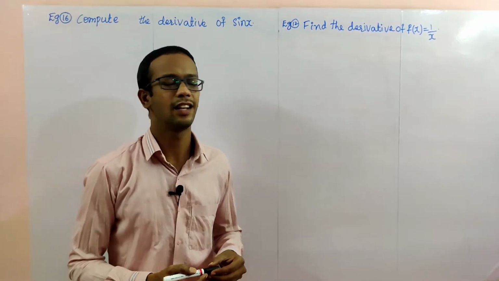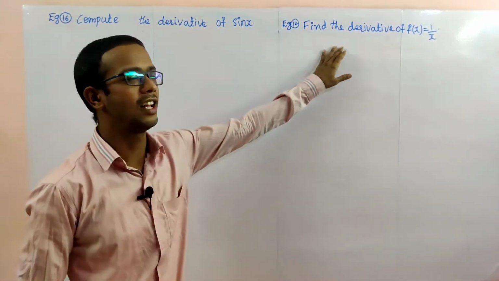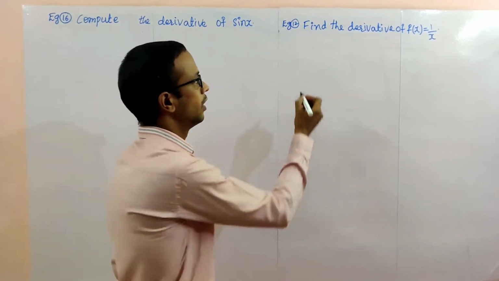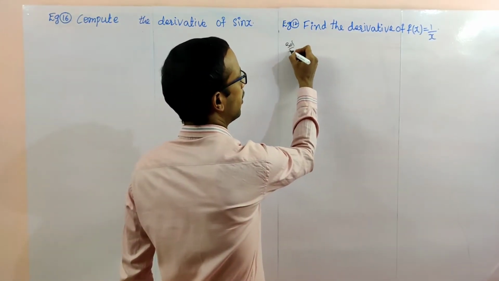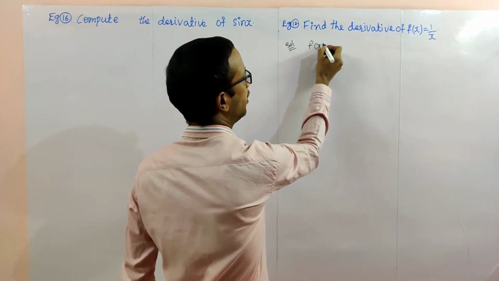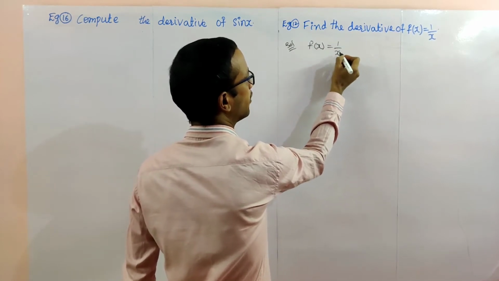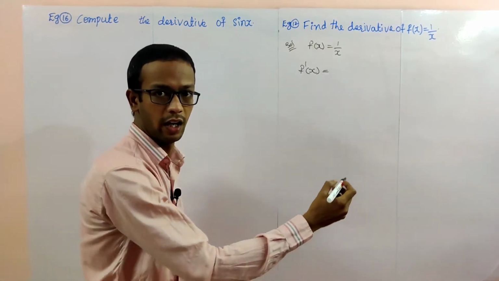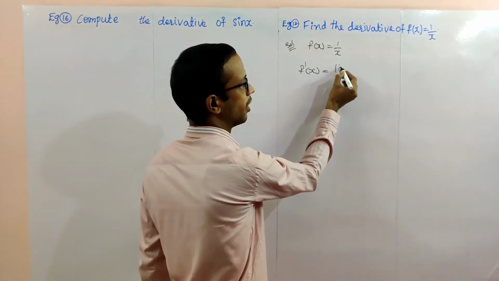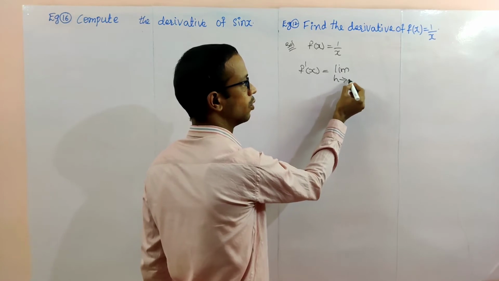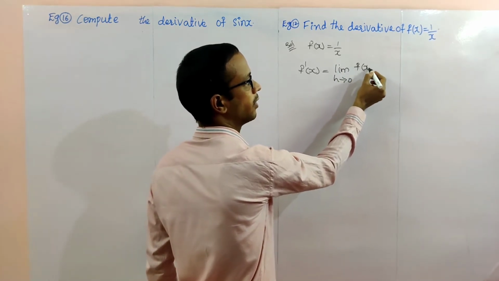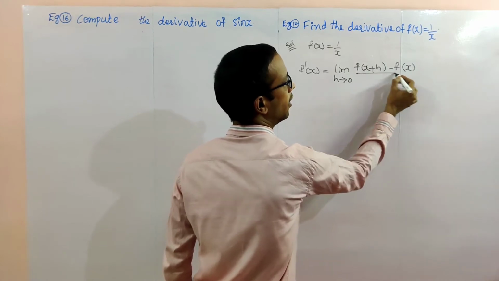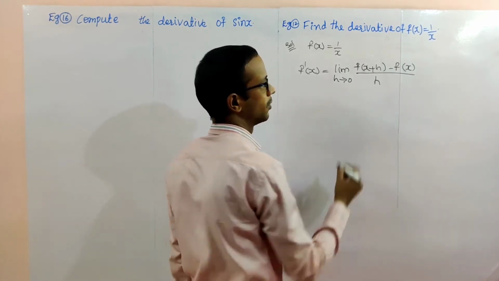Next, example 12. Find the derivative of f of x is equal to 1 by x. So same method. Given f of x is 1 by x, formula f dash of x is equal to the first principle of derivatives. Limit h tends to 0, f of x plus h minus f of x divided by h.